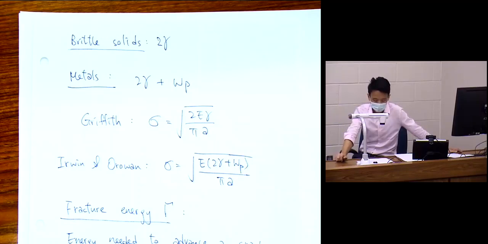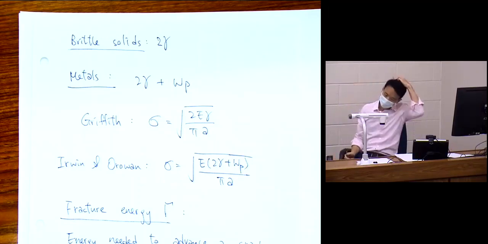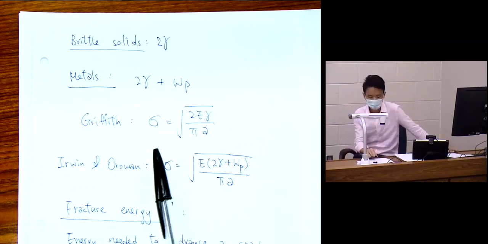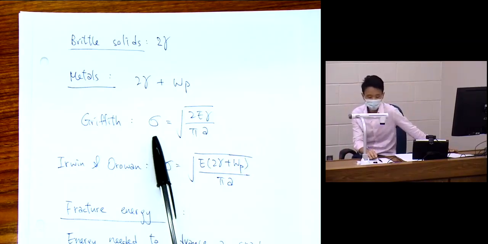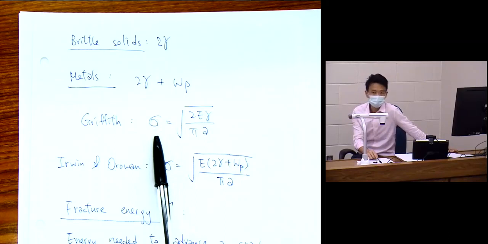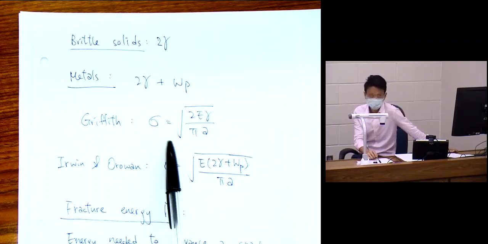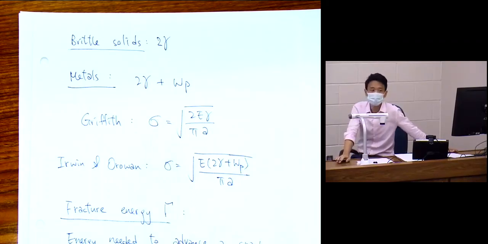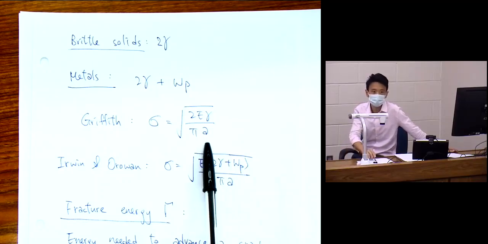Okay, and so the other aspect that is not very convenient in Griffith is that it's always in the form of a sigma, which is a critical stress, and stress is not a good concept for describing fracture because it's not a material property. Now there's the crack length that is explicitly there.